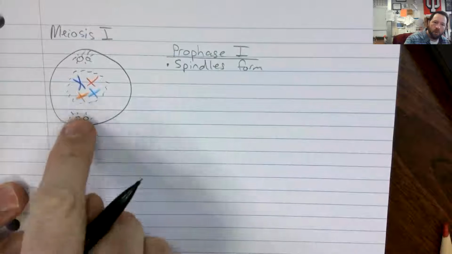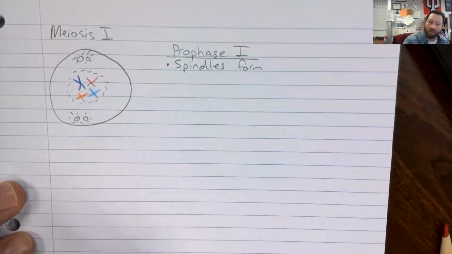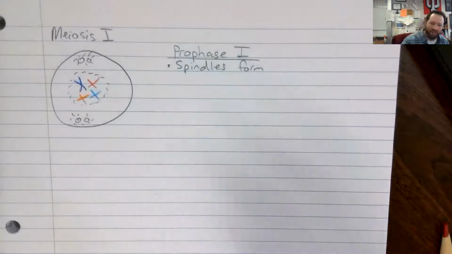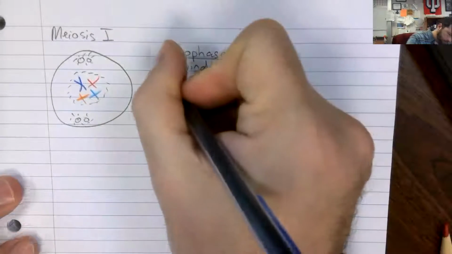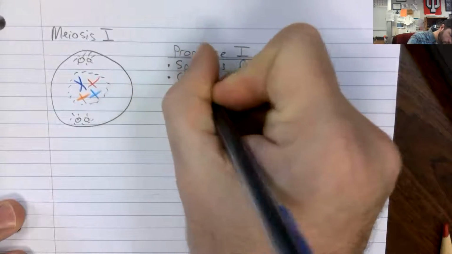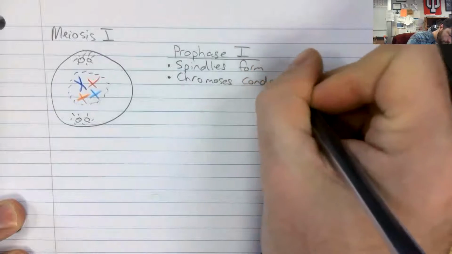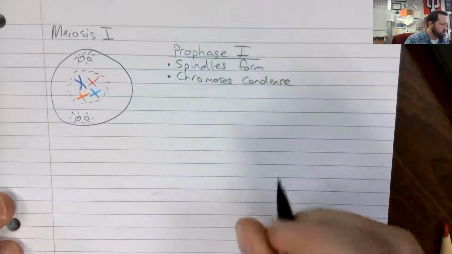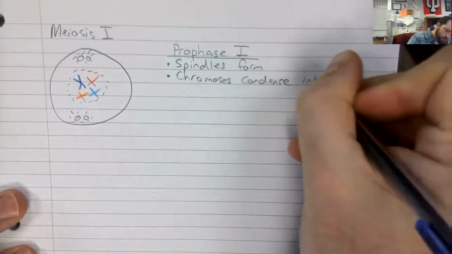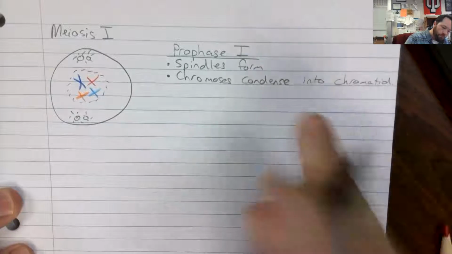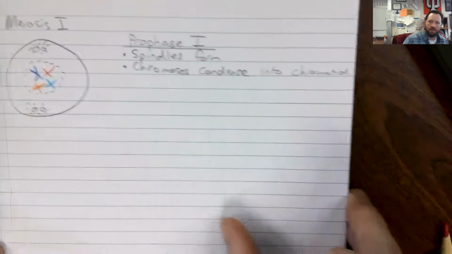Spindles form. So we have that occurring, very similar, almost identical. In fact, it is pretty much identical to mitosis. The chromosomes condense into chromatid.